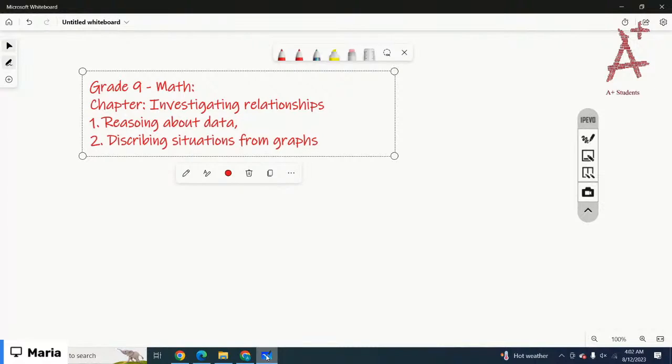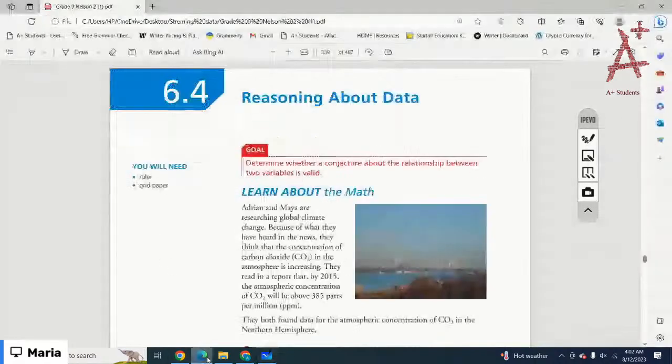We're working on chapter 6, investigating relationships. The lessons we're going to cover today are reasoning about data and describing situations from graphs. So, let's start with lesson 6.4, reasoning about data.